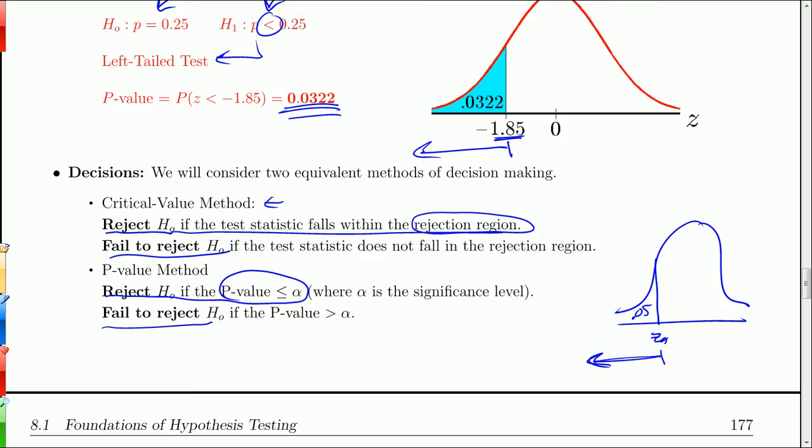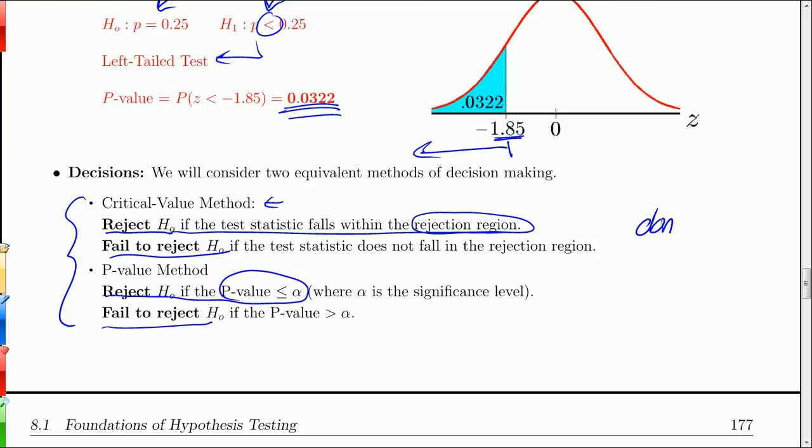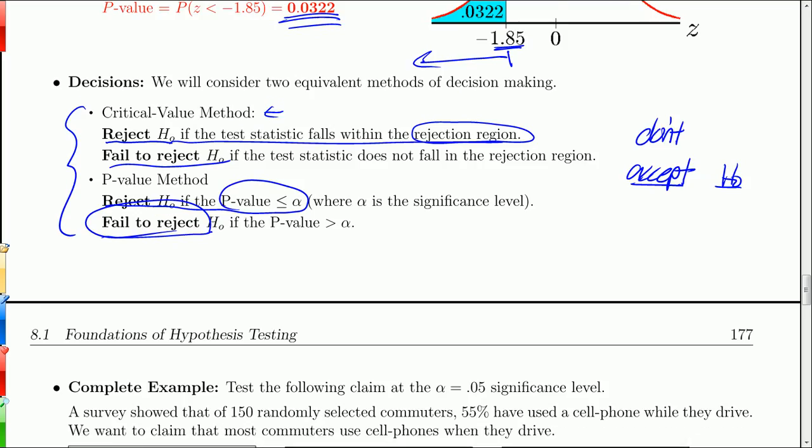Likewise, if the p-value is smaller than alpha, that means my test statistic is over here somewhere, which means it's in the rejection region. So these are identical. And it tells us whether to reject or fail to reject the null hypothesis. Notice we don't accept the null hypothesis. We just fail to reject it. Right? An important piece of terminology.